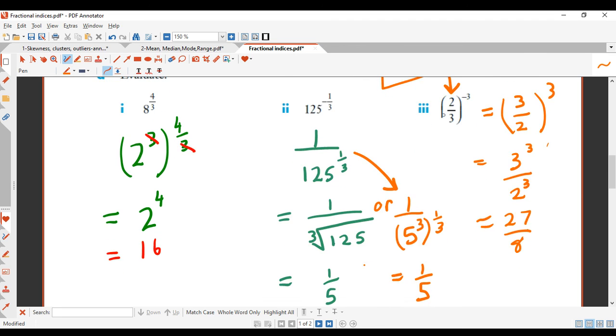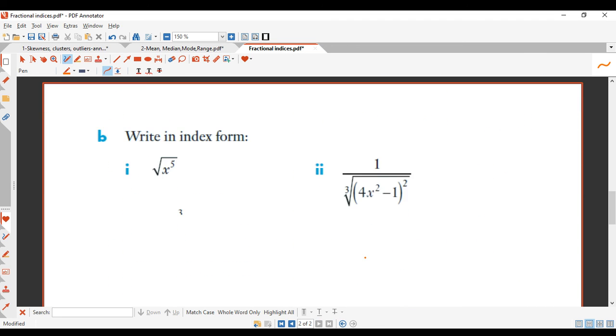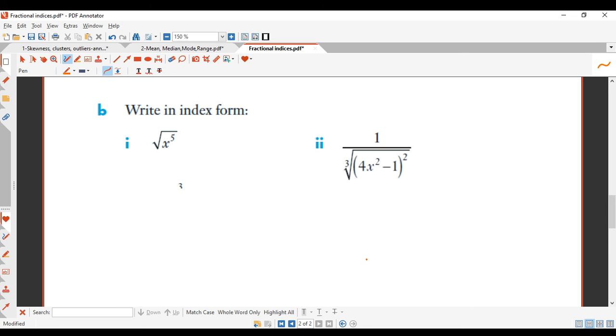Okay. Now, let's have a look at these. This time we'll be using our index laws here. So the square root of x to the fifth, if you remember your index laws, that should be x to the 1/5 there. No, that's not correct, is it?